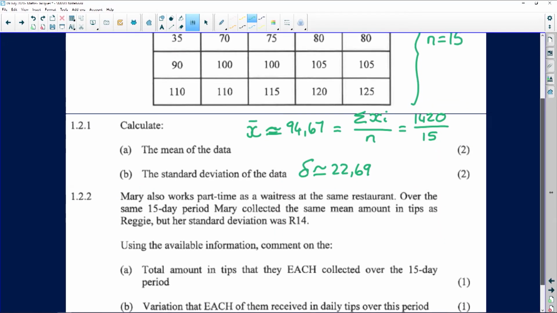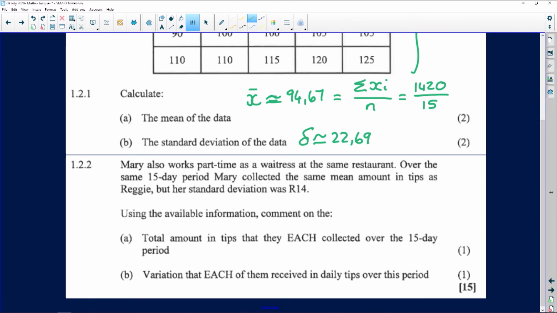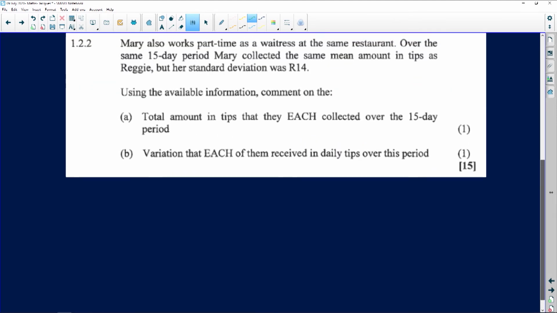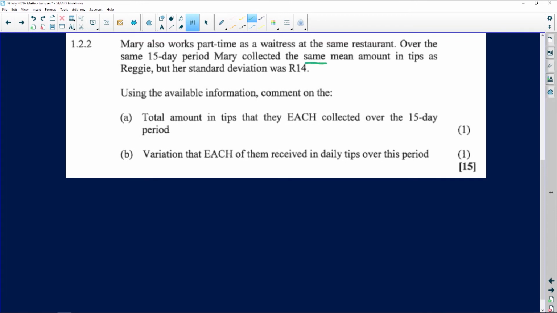The second part now says, Mary, who also works part-time as a waitress at the same restaurant, over the same 15-day period, collected the same mean amount in tips. Now that was 1,420 Rand that she also collected in tips over the same 15-day period.